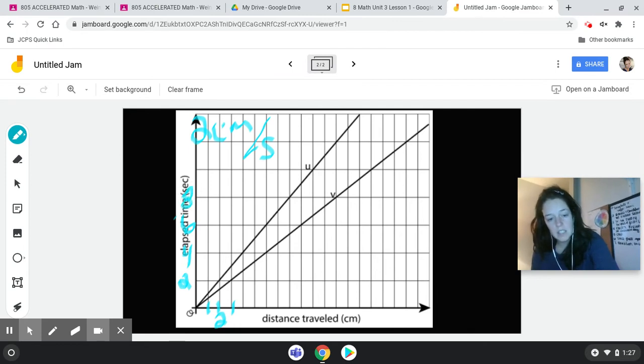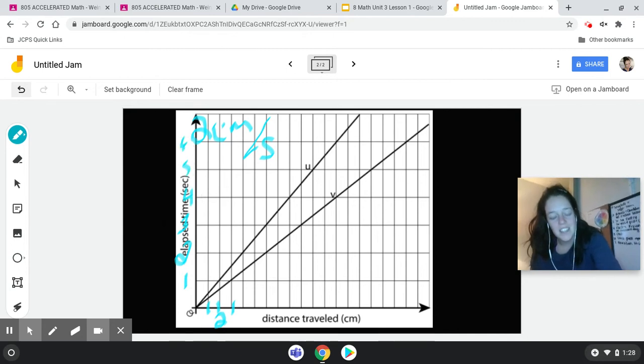Okay, if that's the case, 2 centimeters, hold on a minute. I'm sorry, that should be 1, not 2. Now I'm giving you guys the answers. This should be 1, 2, not in intervals of 2. 1, 2, 3, 4, 5, 6.